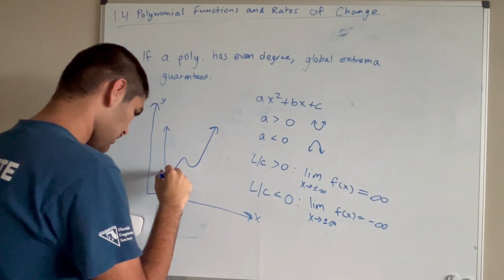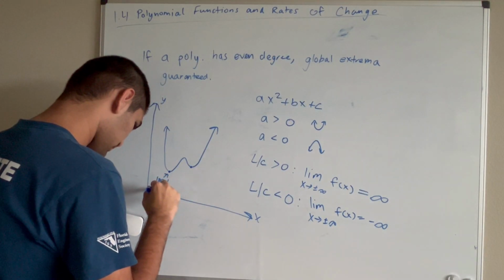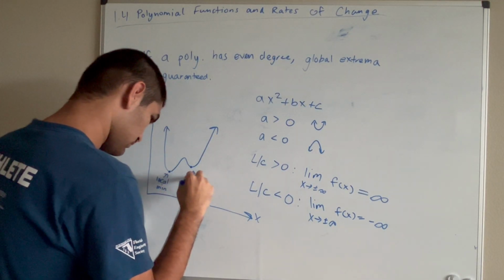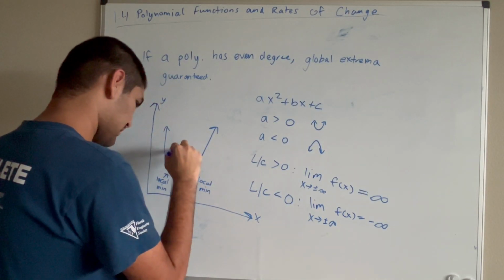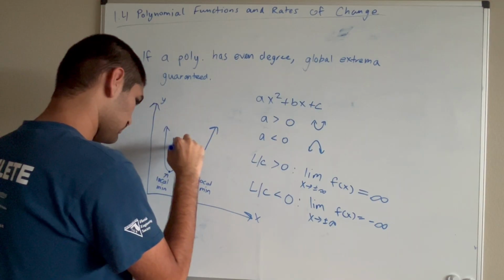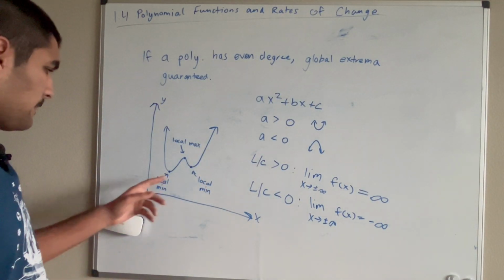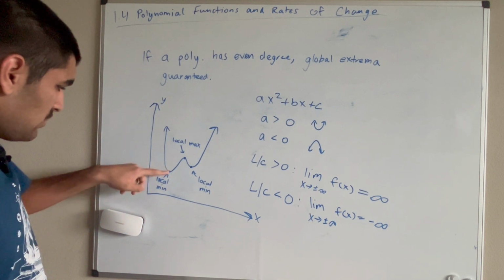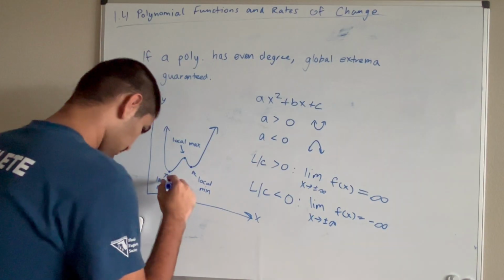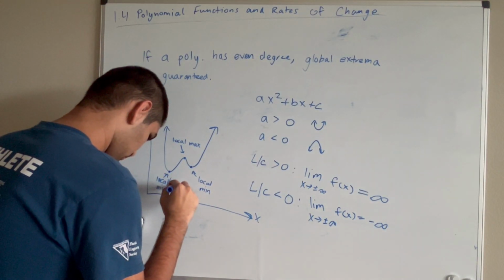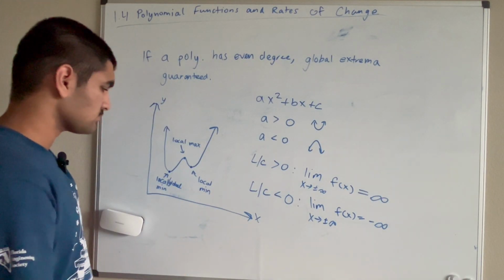So right here, we have two local mins, and then one local max. Okay, and notice how this local min right here is also a global min, because it is the least of the local minima.